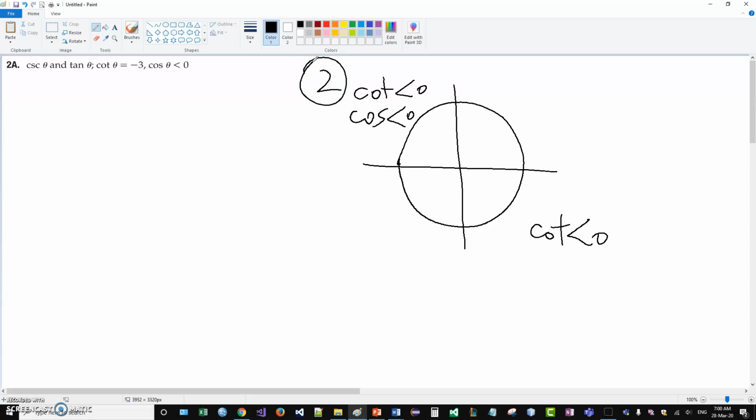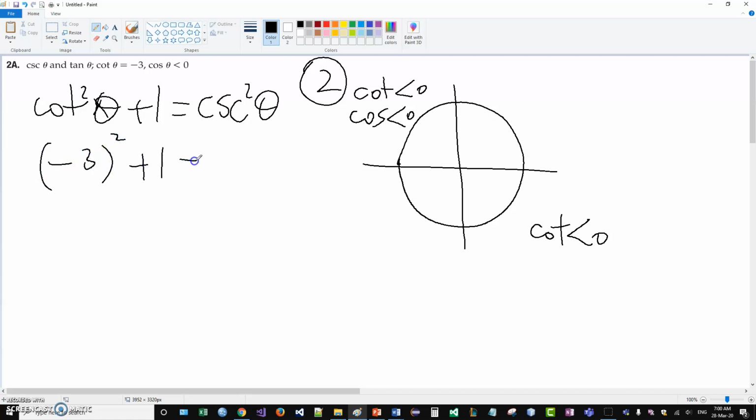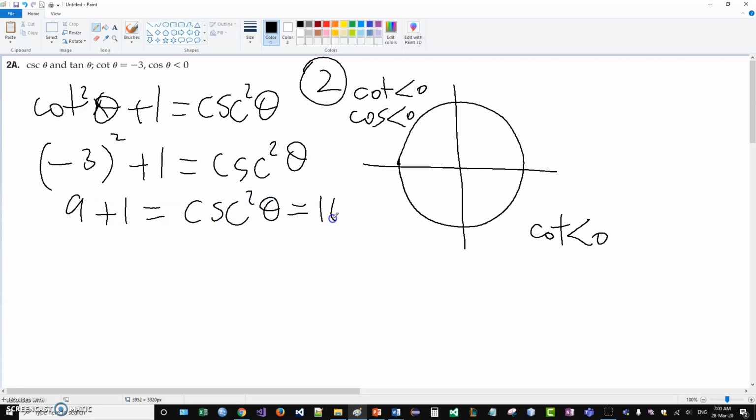Now let's continue. According to the Pythagorean identities, cotangent squared theta plus 1 equals cosecant squared theta. We have cotangent theta, so minus 3 squared plus 1 equals cosecant squared theta. 9 plus 1 equals 10.